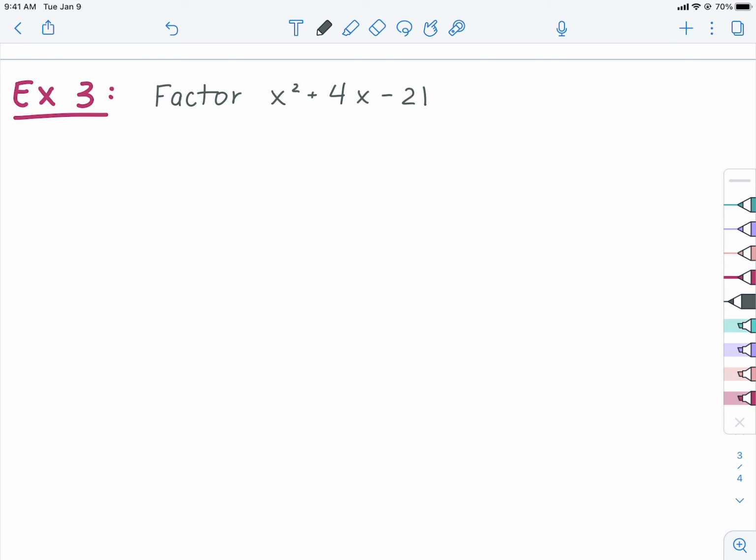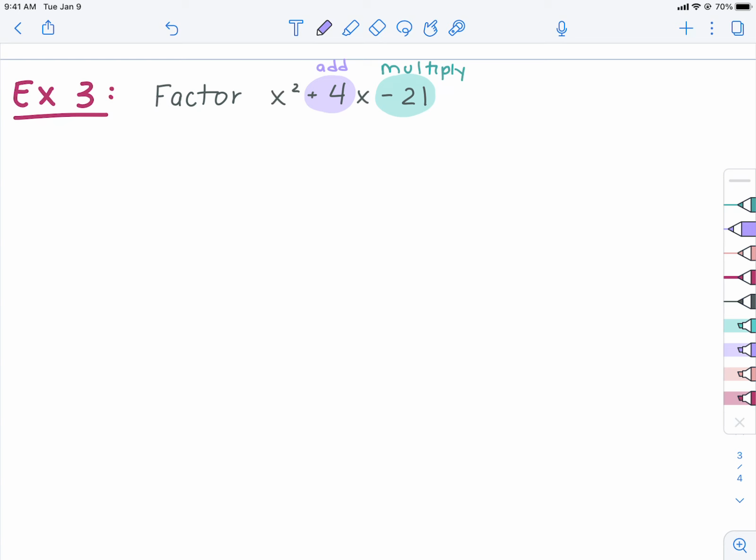If I want to factor x squared plus 4x minus 21, I want to find things that multiply to negative 21 and add to positive 4.